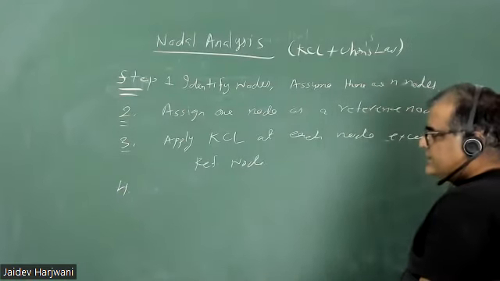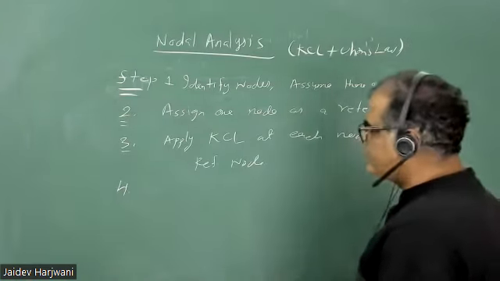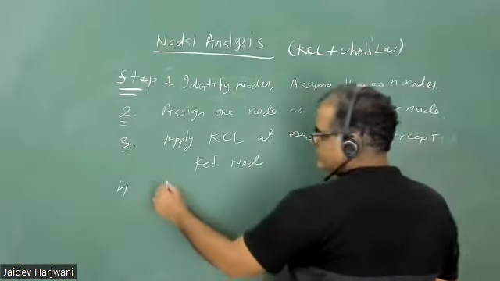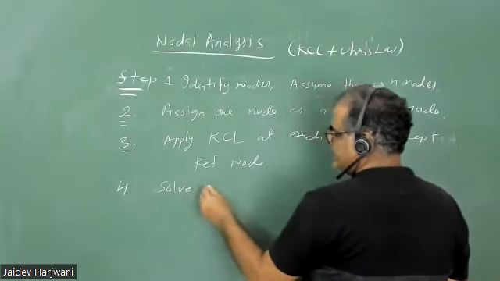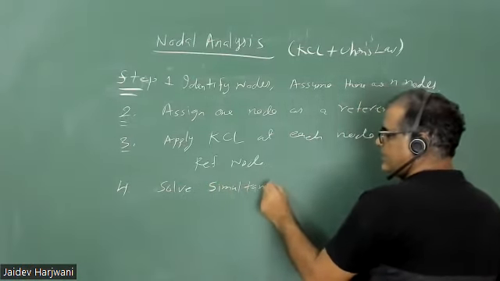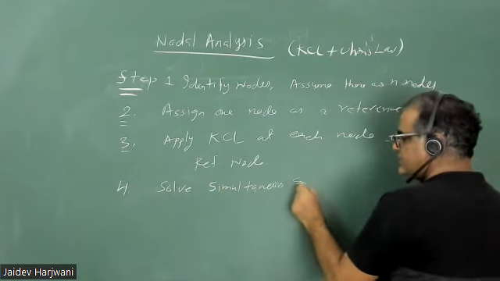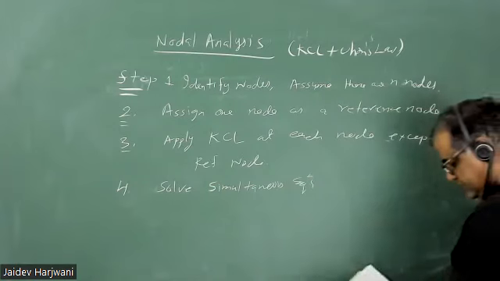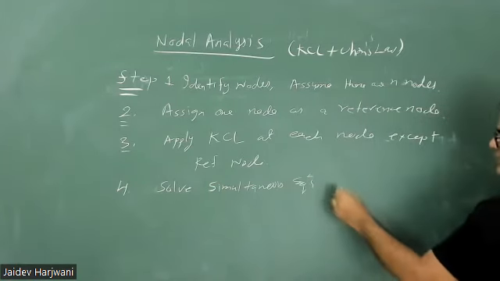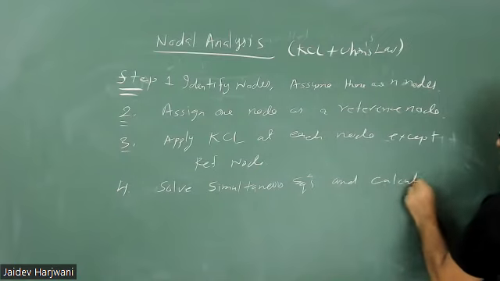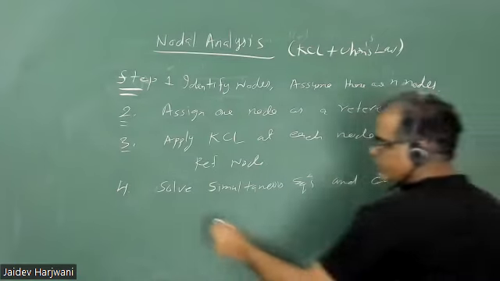The fourth point is, when you write the KCL at each node, you get some equations. Solve the simultaneous equations and calculate the node voltages.